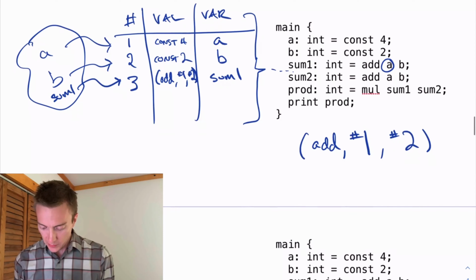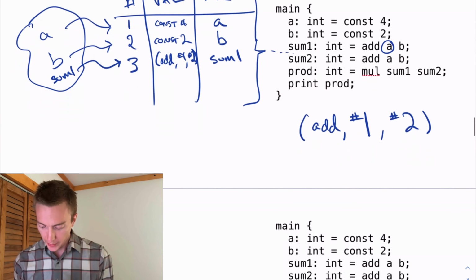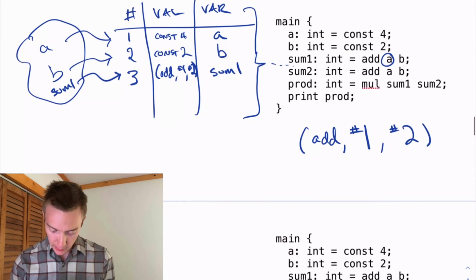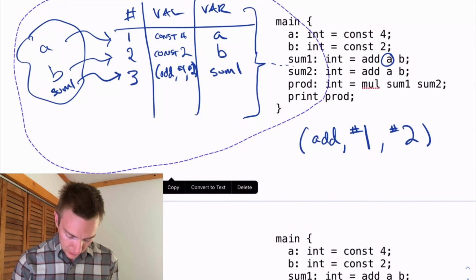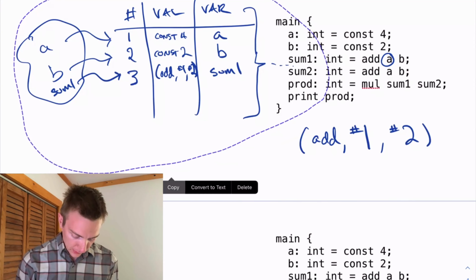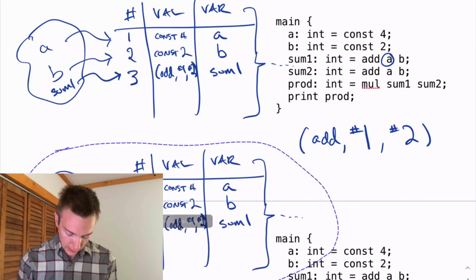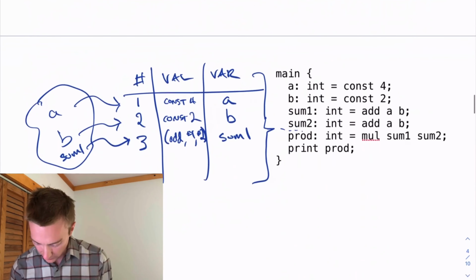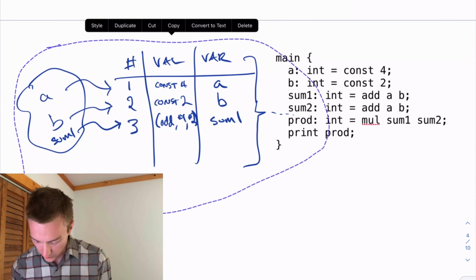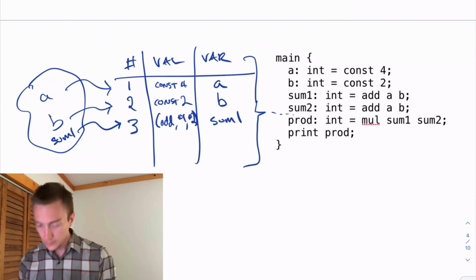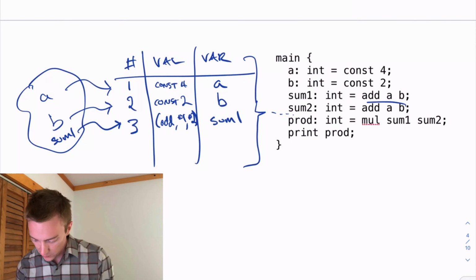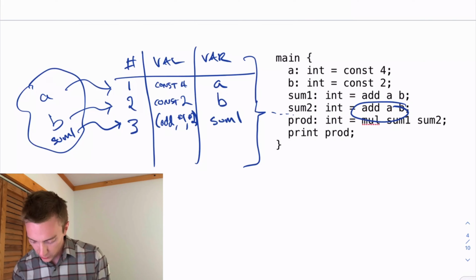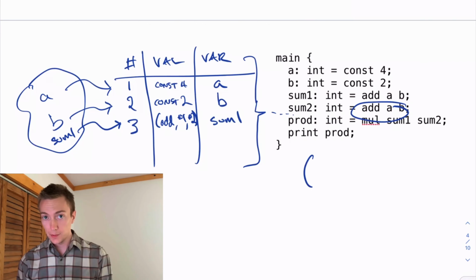Okay, so the next step is we need to do something very similar for sum2. So I'm going to, again, copy and paste these data structures that we have just finished computing for this step, and we'll see how they animate when we apply them to the sum2 instruction. So the way LVN works is it's going to look at the expression being computed here, and construct one of these value tuples to indicate what this new instruction does.